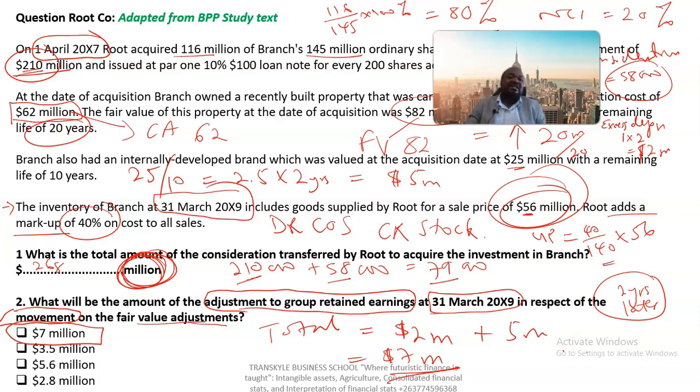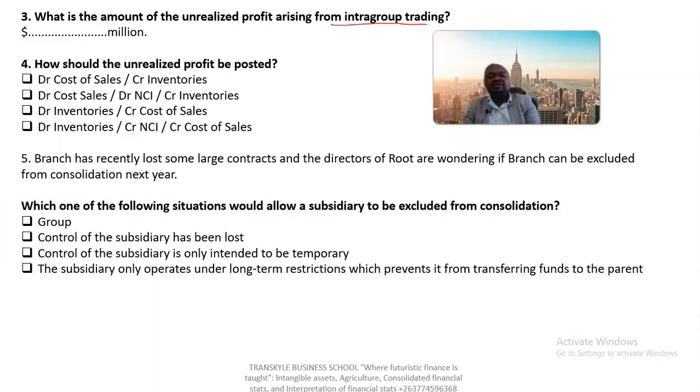And what do we get, ladies and gentlemen? 40 over 140 multiplied by 56. So we are looking at the PUP of 16 million. So we come here and say this was 16 million.